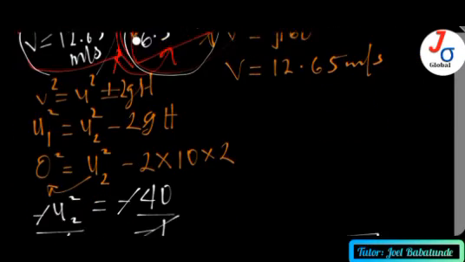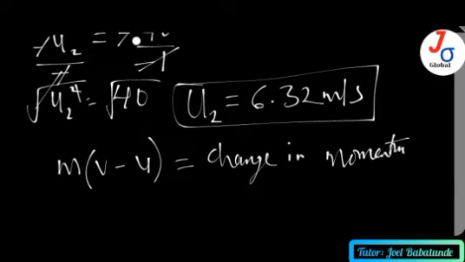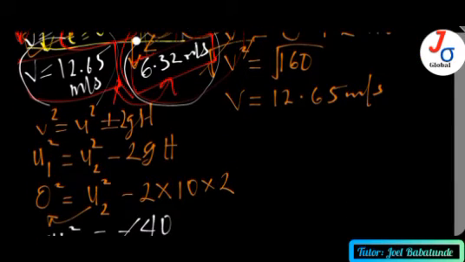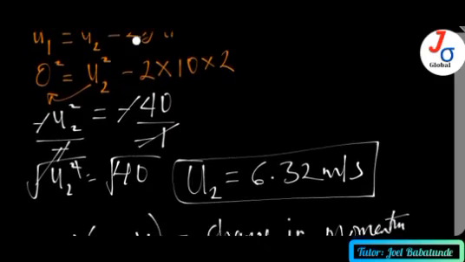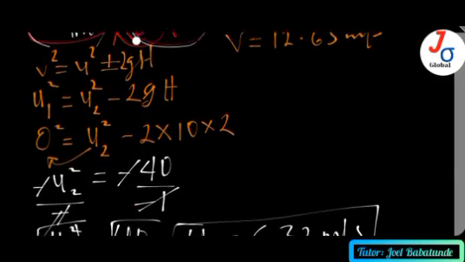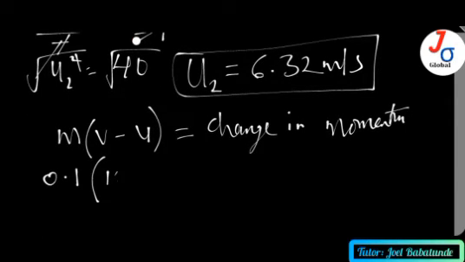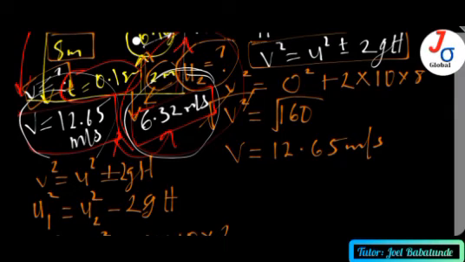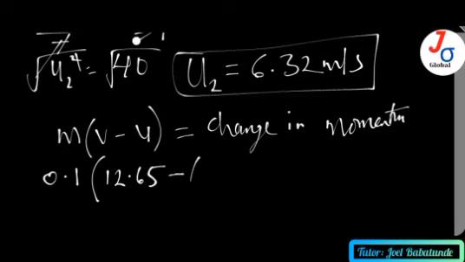This guy here, since it's going up, has to be the negative of this guy here. Remember that change in momentum is this. The mass is 0.1, then the final velocity is 12.65, minus, because this is in the opposite direction of this, it has to be the negative, minus 6.32.